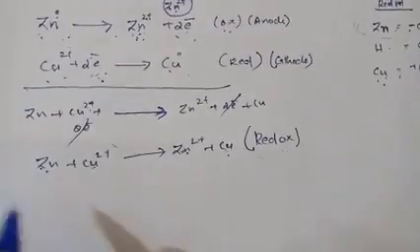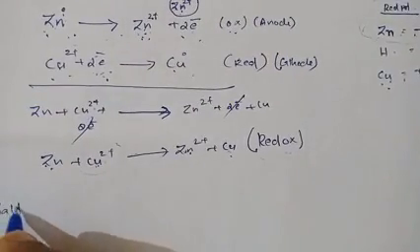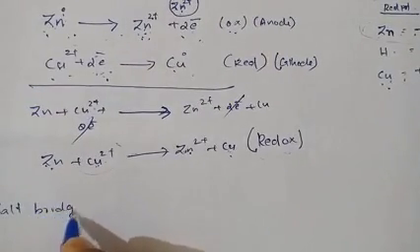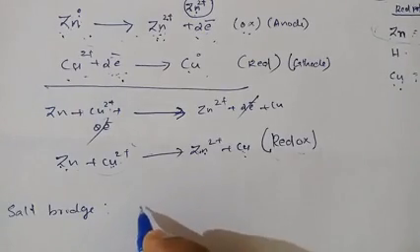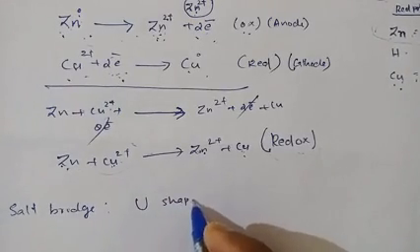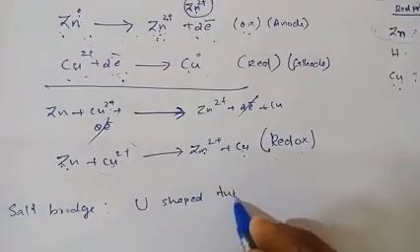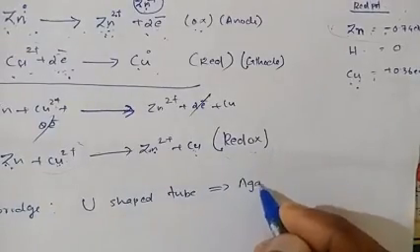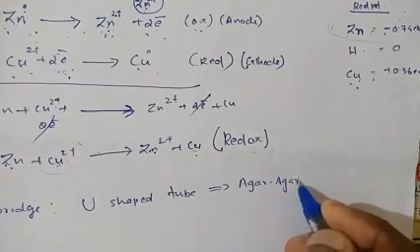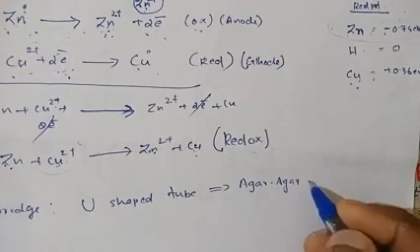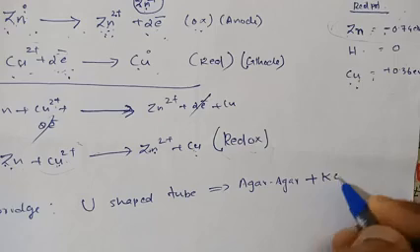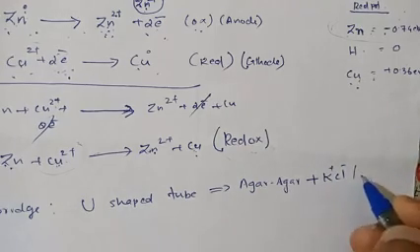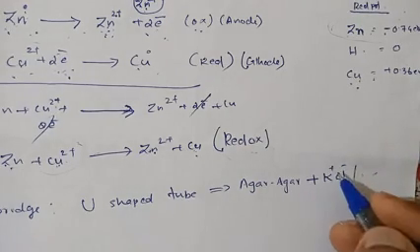So what is meant by a salt bridge? A salt bridge is a U-shaped tube which is filled with a jelly-type material called agar-agar with an ionic compound such as KCl or KNO3. So it should be an ionic compound.